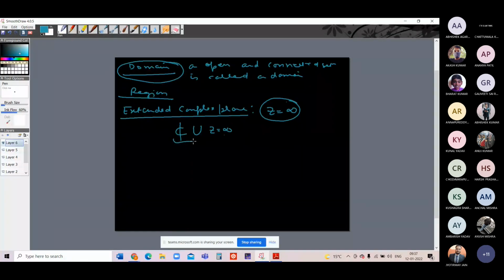So this plane is generally denoted by C infinity, and it is called the extended complex plane. The complex plane excluding z equal to infinity is called the finite complex plane. So when we include the point z equal to infinity into the finite complex plane, the resultant plane is called the extended complex plane. Okay.